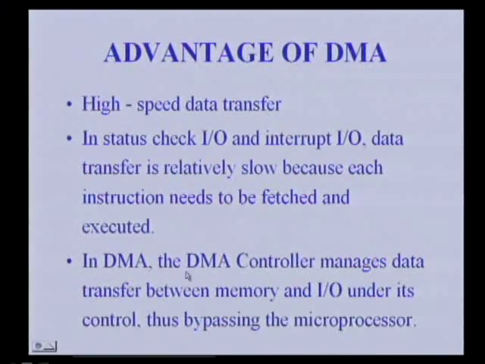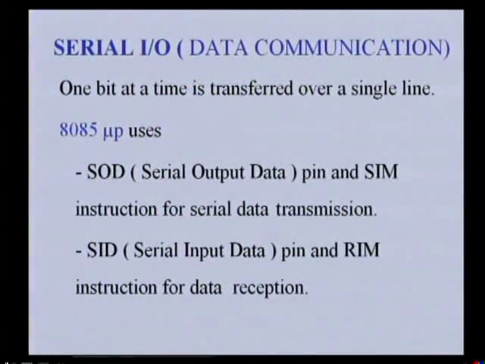Whereas in DMA, the DMA controller manages data transfer between memory and IO under its control, thus bypassing the microprocessor. So this is the major advantage of DMA. And the hold pin of the 8085 microprocessor is not only used with DMA, it is normally used with other coprocessors too in multiprocessor systems. Now let us see serial IO data communication.